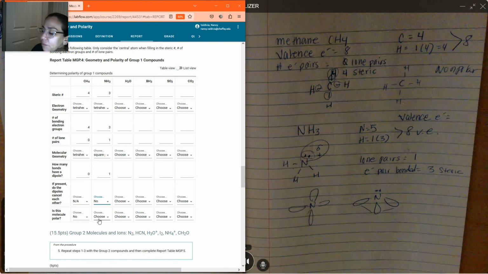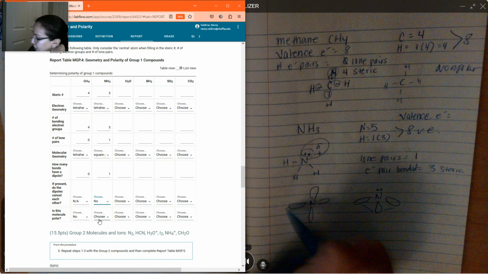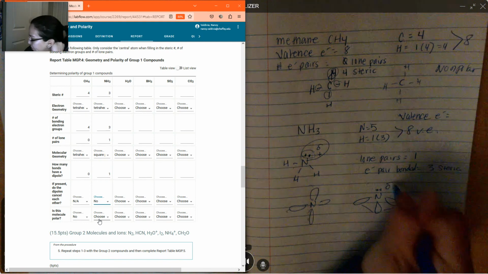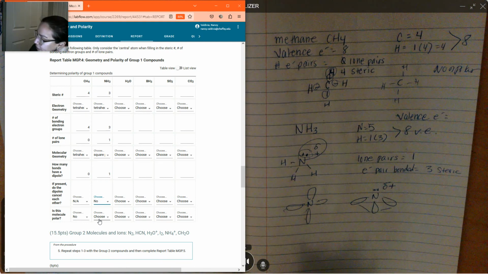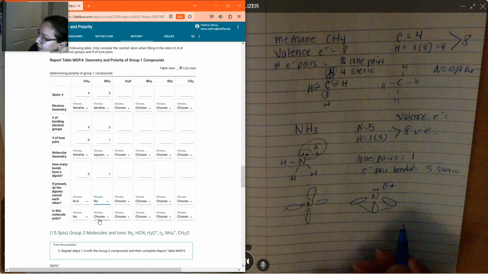Is this molecule polar? Well, in order to figure out if something's polar or non-polar without having to do the whole formal charges and whatnot, just look if it's symmetrical or not symmetrical. And here, although the shape might look like it's symmetrical, this electron shape, we have a positive dipole up here, right? So that means the electrons are pulling elsewhere, okay?